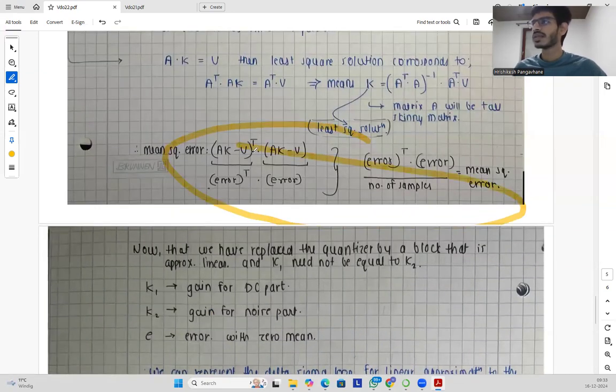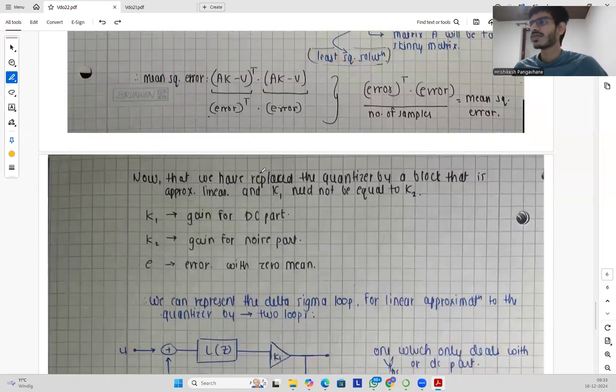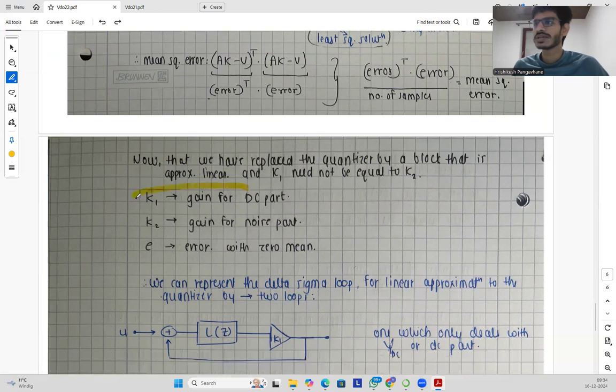So now, using this technique, we have replaced the quantizer block by a block that is approximately linear, and K1 and K2 need not be equal. Basically K1 is the gain for the DC part and K2 is the gain for the noise part, and E is the error with zero mean, which is the noise.